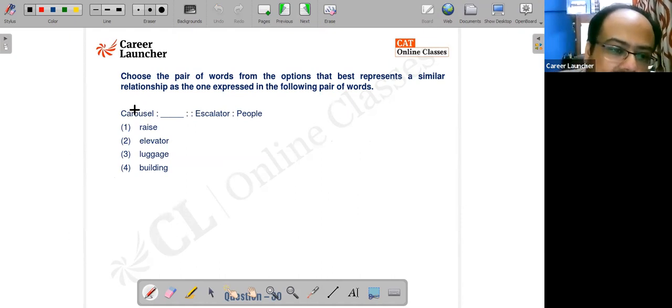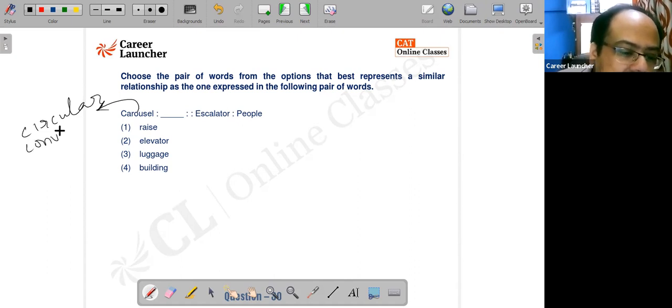Carousel again has multiple meanings, one meaning of which is a circular conveyor belt to move luggage.